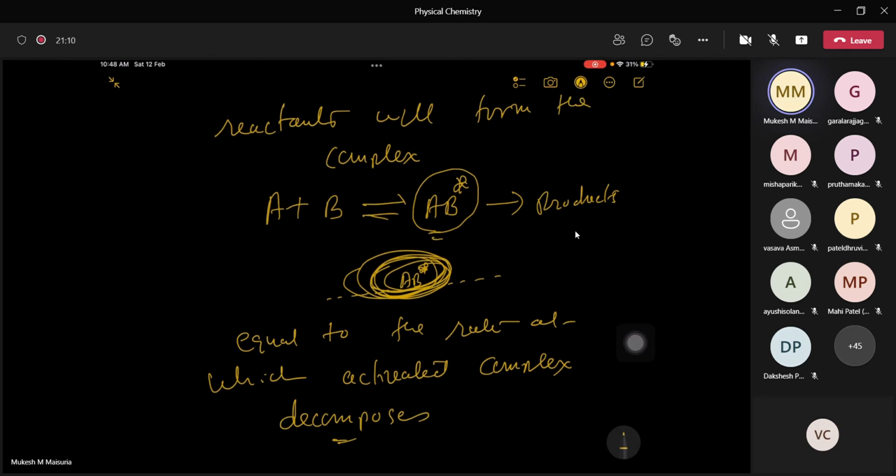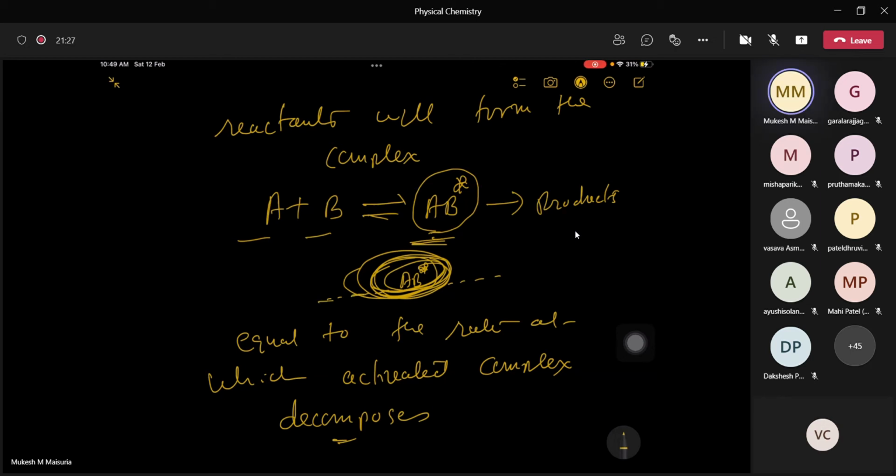It means that A plus B initially forms the activated complex, and this activated complex is always in the vibrating mode.